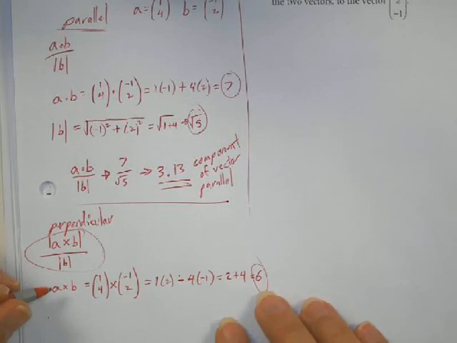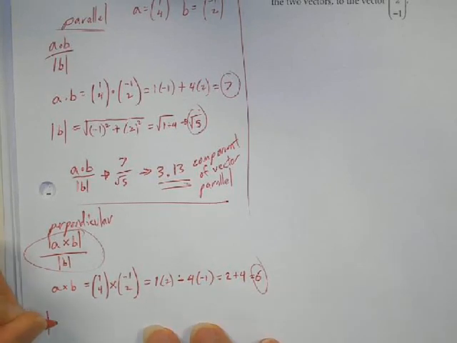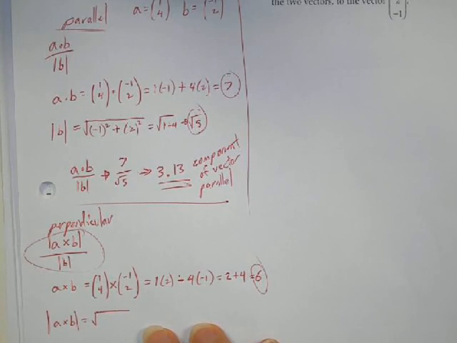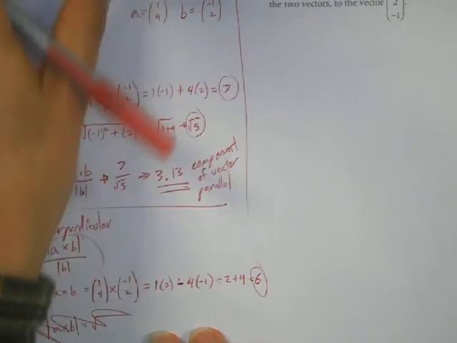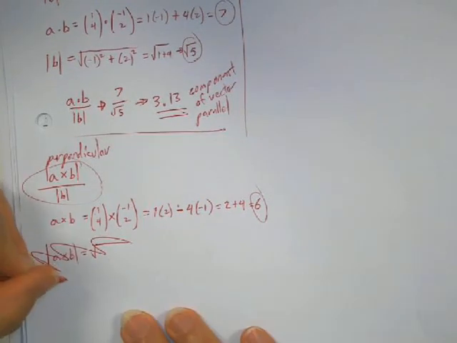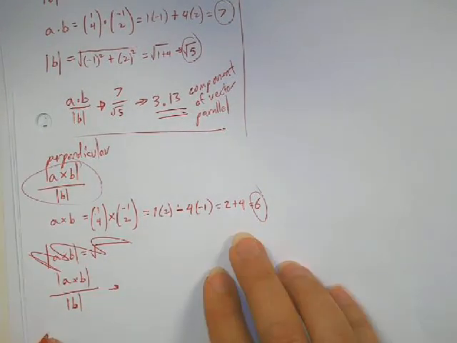And now I need the magnitude of that. So the magnitude of A cross B is equal to the square root of... no, it's not. What am I doing? Okay, it's absolute value, not magnitude. So we've got A cross B over the magnitude of B. We just figured out A cross B is equal to 6.